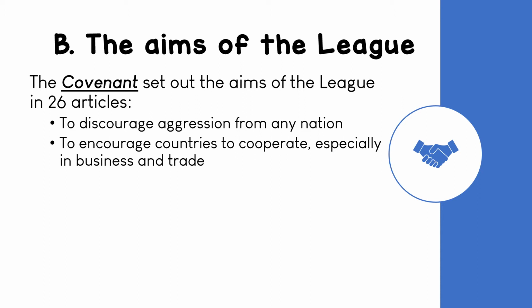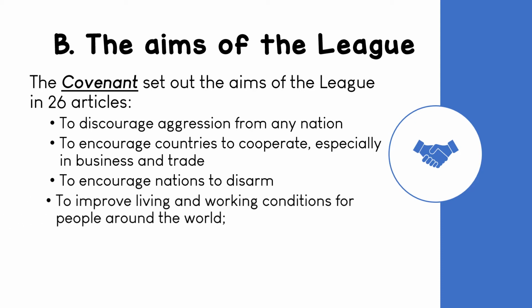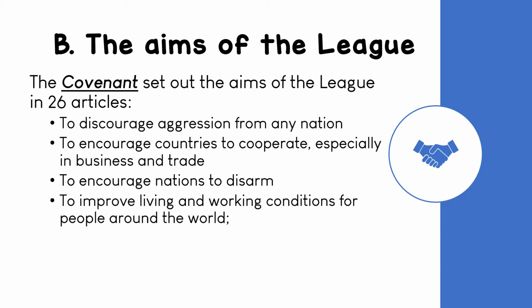President Wilson had the idea that if countries were business partners, if they were engaged in trade, this would actually prevent them from going to war against each other because that would go against their commercial, their business interests. The League also wanted to encourage nations to disarm. This once again related to the idea of preventing future wars. It also worked to improve living and working conditions for people around the world.